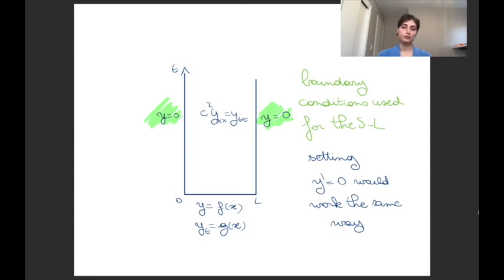We need that for the Sturm-Liouville system, but you notice that if we were to replace either or both of them by y prime equal to 0, that is a Neumann boundary condition, it will work the same way when we are up to the Sturm-Liouville problem. If we have instead a combination of y and y prime, that is a Robin boundary condition, we will still be able to write the Sturm-Liouville system and solve it. It just would be harder.